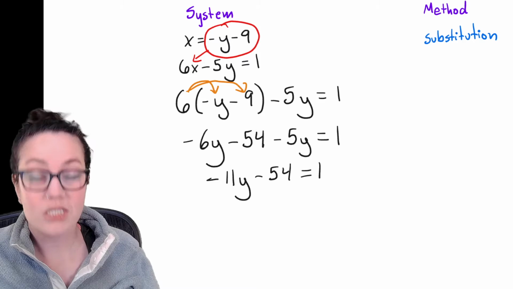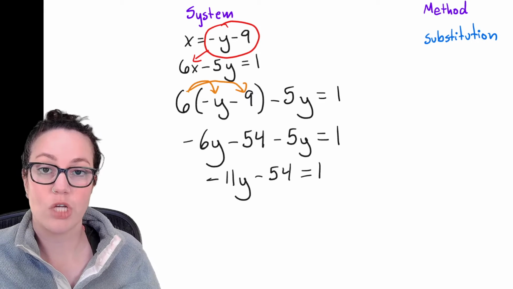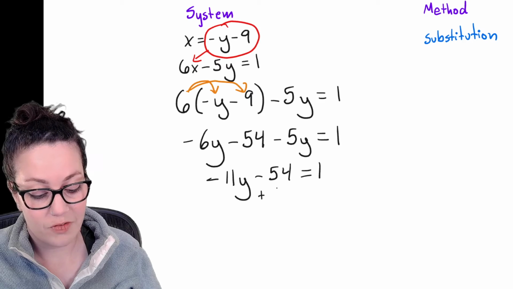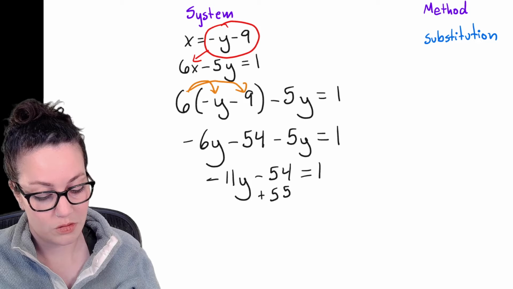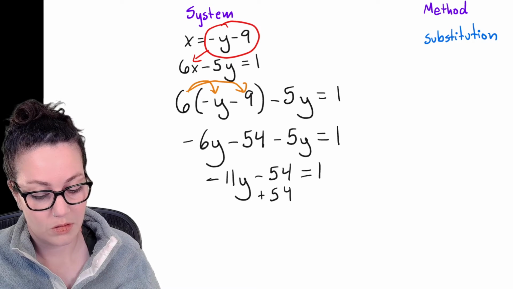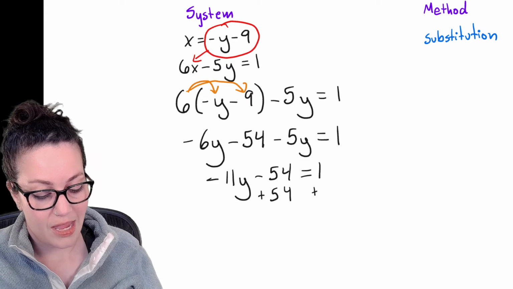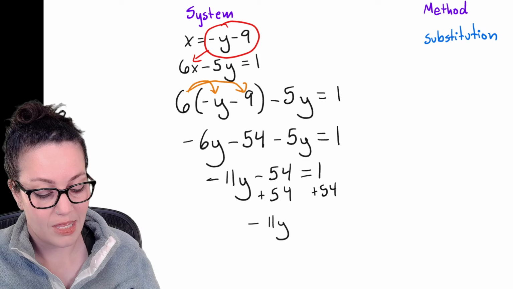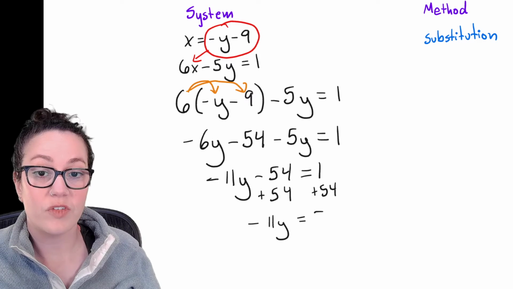Now I want just my y's on one side of the equation and just numbers, constants, on the other. So I'm going to add 54 to both sides. And I get -11y is equal to 55.